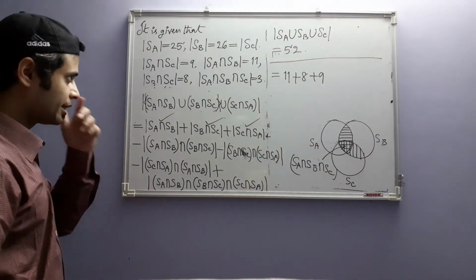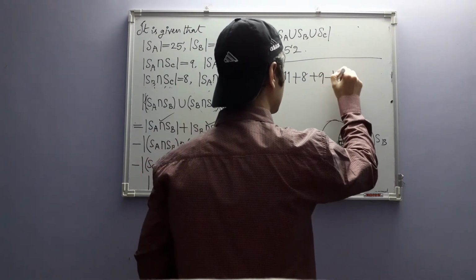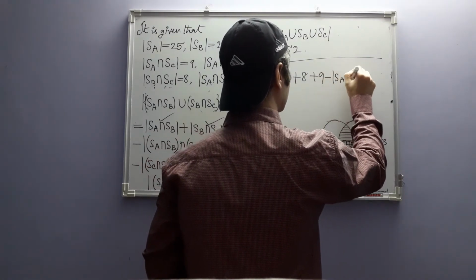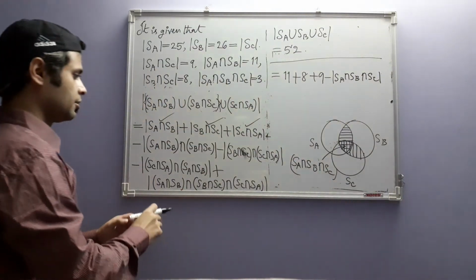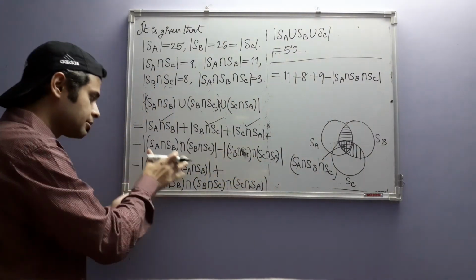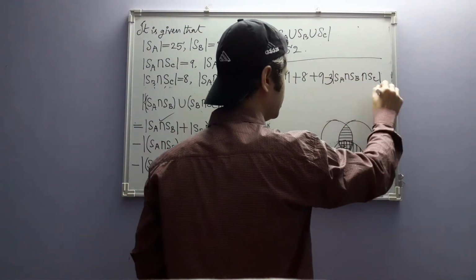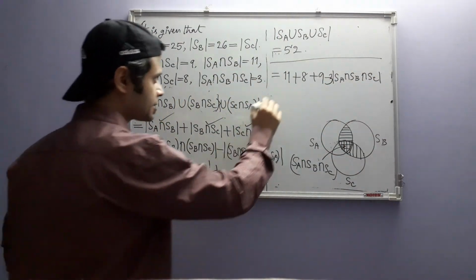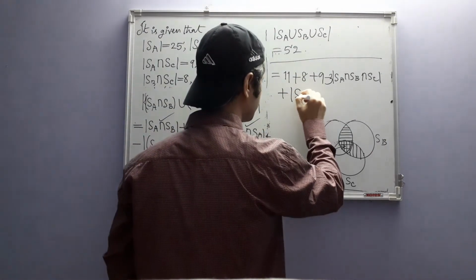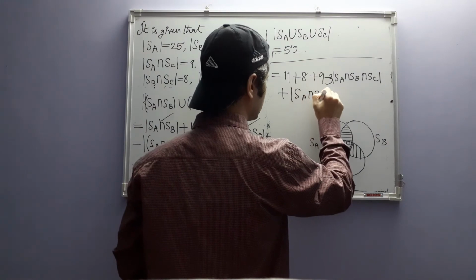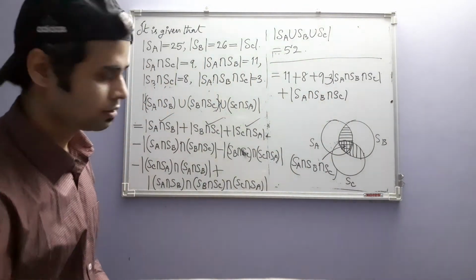Okay, so that means I have minus that same thing, minus again that same thing. That means 3 times this, plus again this one.